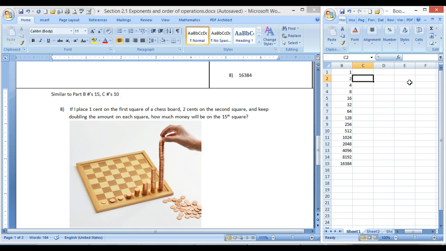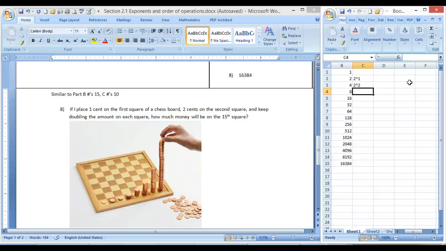Now I could do that, or I could figure out how to do this with exponents. I notice here that in square 2, this is really 2 being raised to the first power. Now I don't want that to calculate, I just want to see. And this is the same as 2 being raised to the second power. 4 is 2 times 2, right? Okay, well if 4 is 2 times 2 and I'm doubling, the next one's just going to be multiplying by another 2.